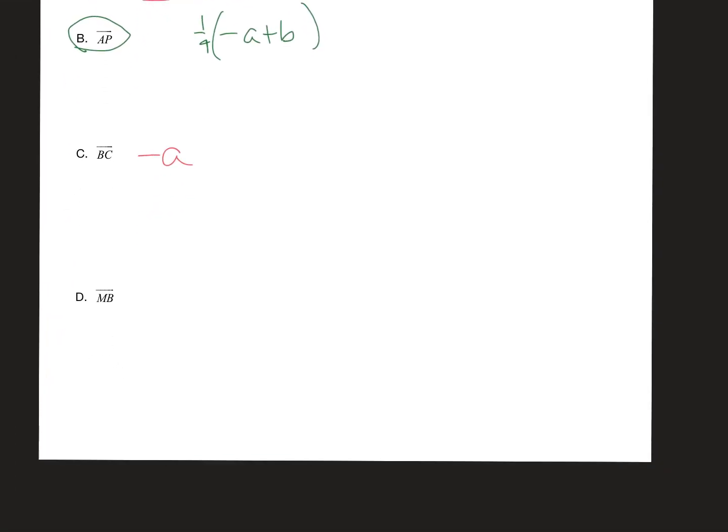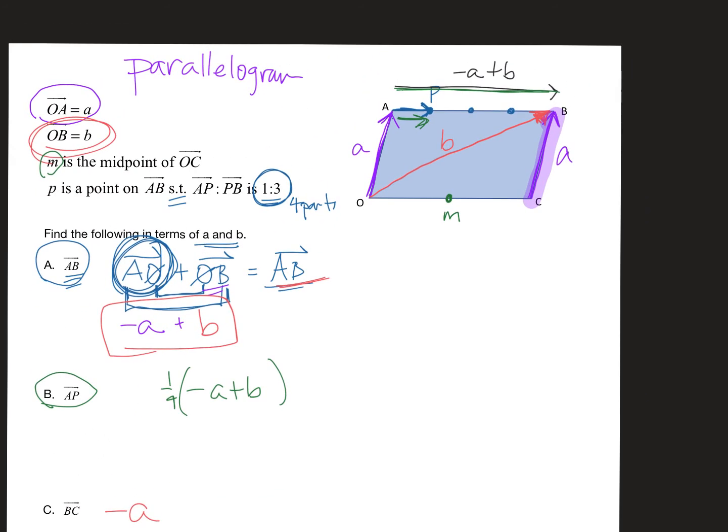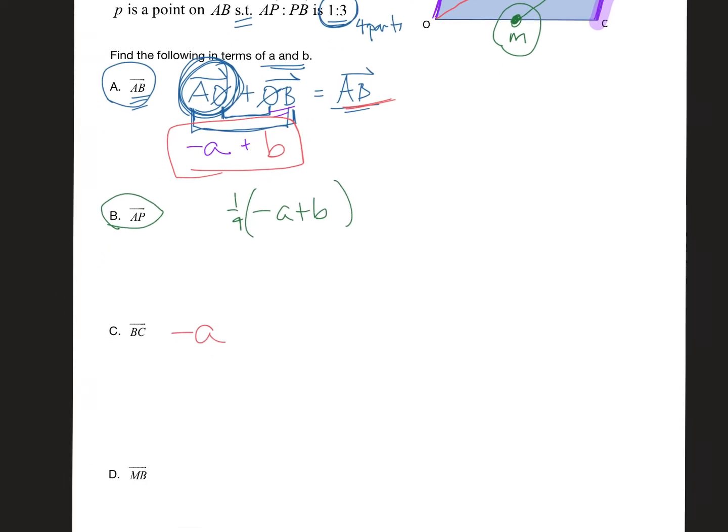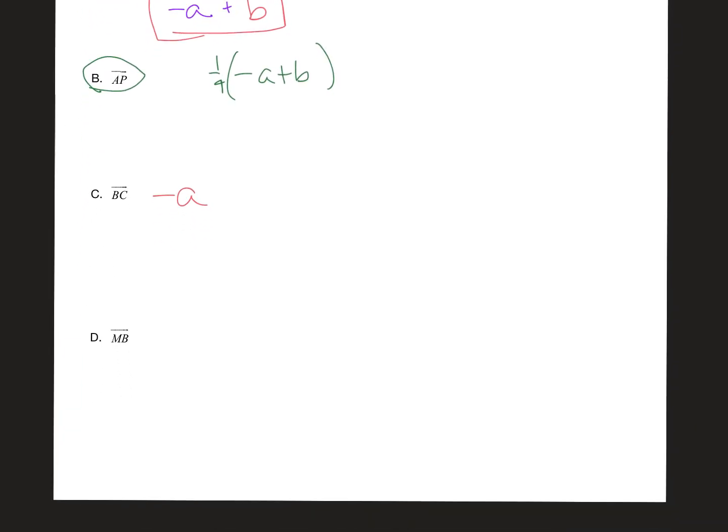Okay, let's take a look. What else do we need? MB. So let me go back up here. MB. Okay, so that's going to be a vector that's going from here to here. All right, now again, I'm going to have to use some sort of vector addition to get there. All right, and again, you can use anything you want as long as the result is MB.